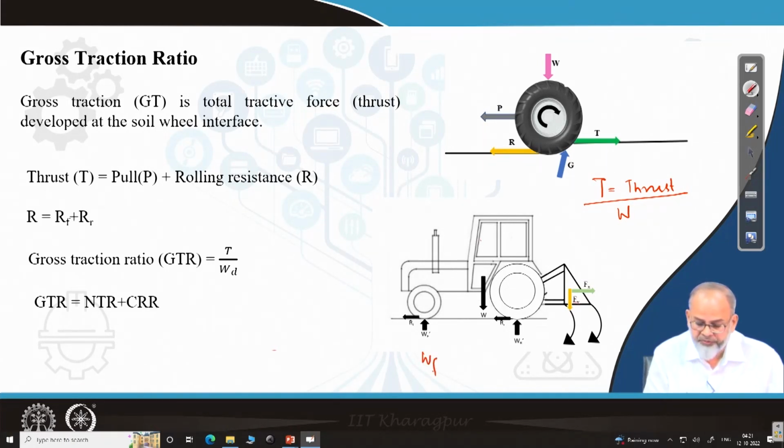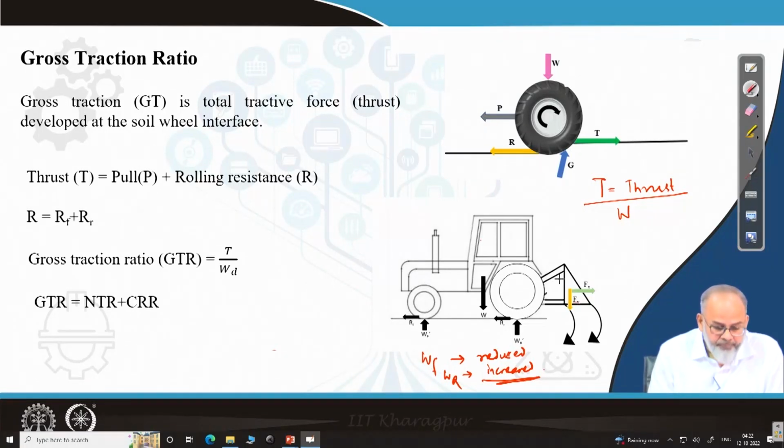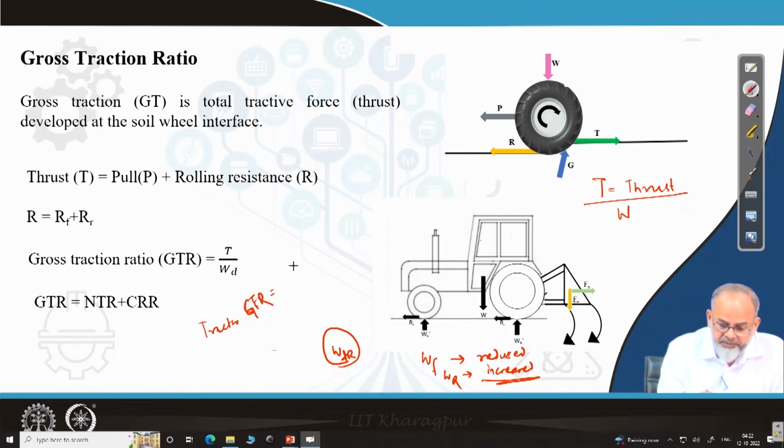So, WF will be reduced, that is the weight coming on the front axle will be reduced, weight coming on the rear axle will be increased because of the weight transfer from the implement side, because of the weight transfer from the front axle. So, the new weight, which I denoted as WDR, better you can write WDR. So, for a tractor, we can define the coefficient of gross traction GTR as T by WDR.